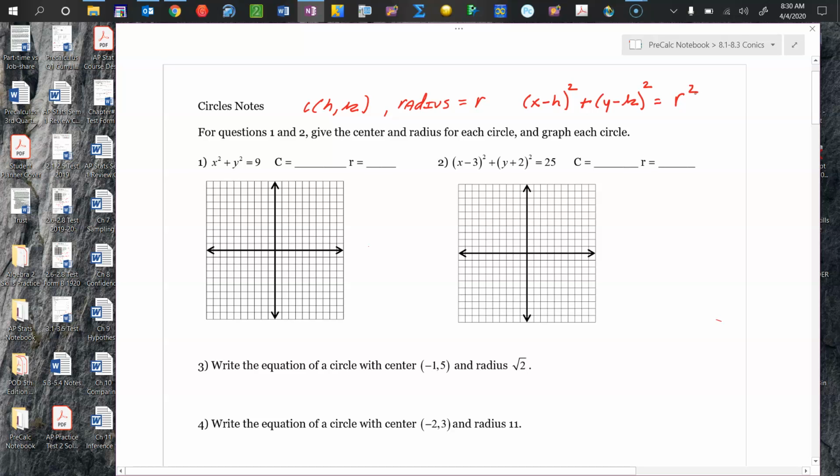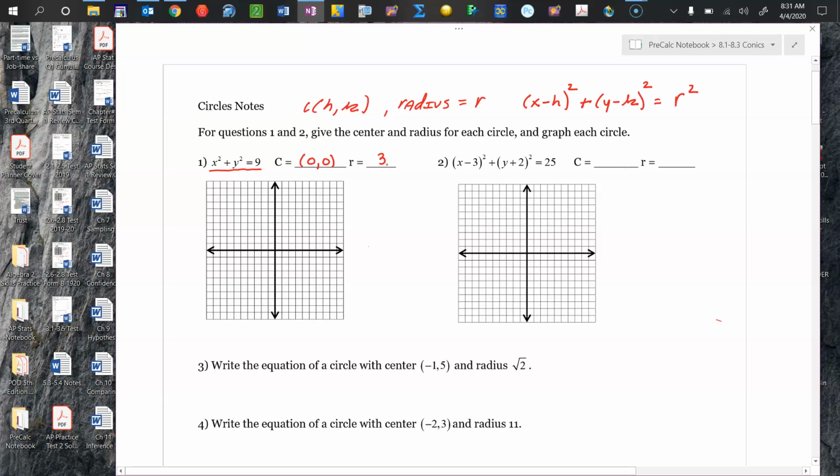So let's practice with a few of these. As you can see in example number 1, we do not have x minus anything or y minus anything before we square them. So the center of that circle would be (0, 0), the origin, and it would have a radius equal to 3, which when squared is 9.